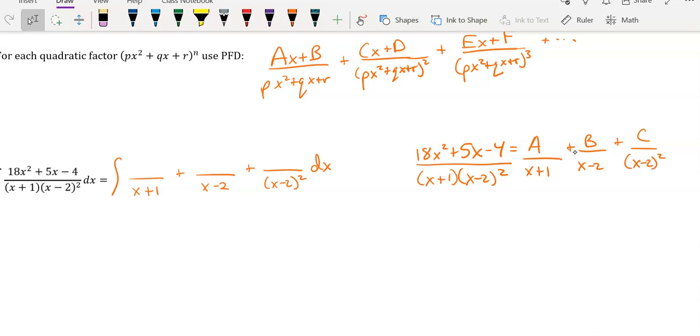Okay, so then multiplying by all three of these factors, this whole denominator cancels out because we only care about numerators. So we end up with 18x squared plus 5x minus 4 is equal to, all right, so here x plus 1 cancels out, and I have x minus 2 times x minus 2 left over.